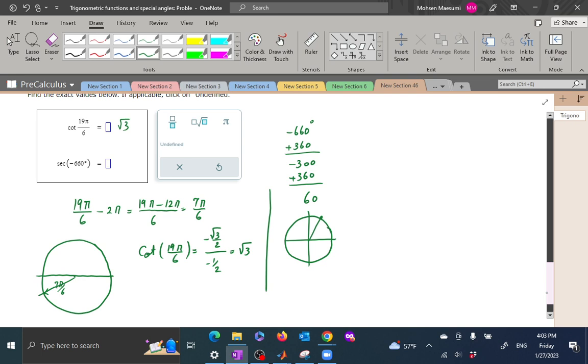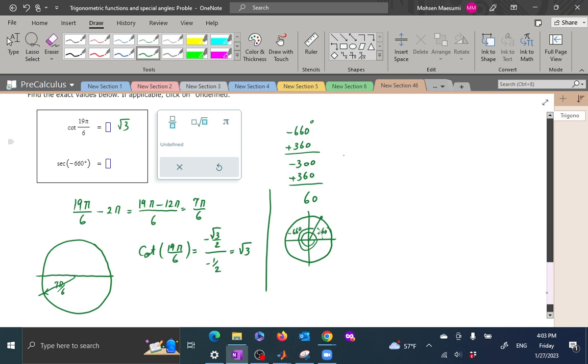Minus 660 means you have gone around the circle, and if you go a partial circle, it brings you here. If you want to go in the positive direction, what is left is 60. So that was minus 660 and this is plus 60.